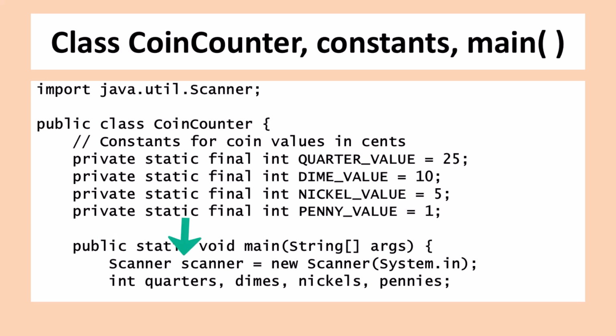The word scanner with a lowercase s is an object name. What is important to remember is that a class name starts with an uppercase letter and a variable or object starts with a lowercase letter. From this point in the program, we will be using the scanner object with the lowercase s.